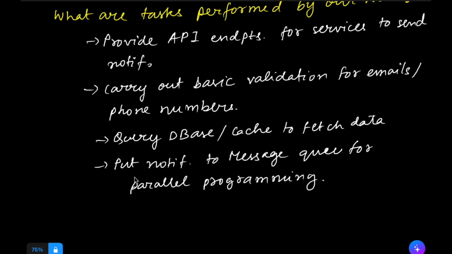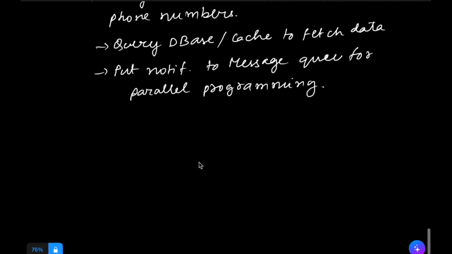And how does the message queue help us? This is the new component which we decoupled from our notification system. It removes dependencies. First of all, it reduces the load on the notification system server.